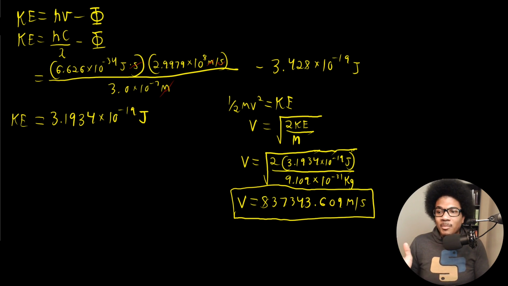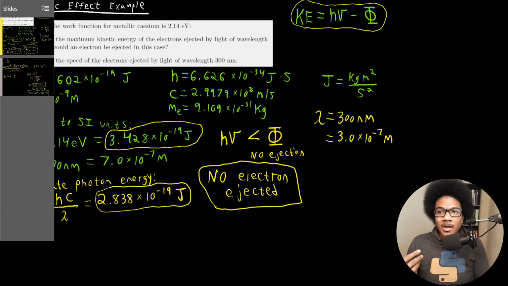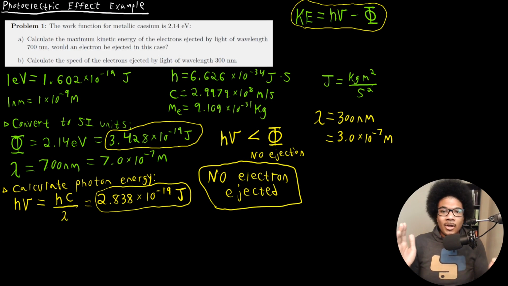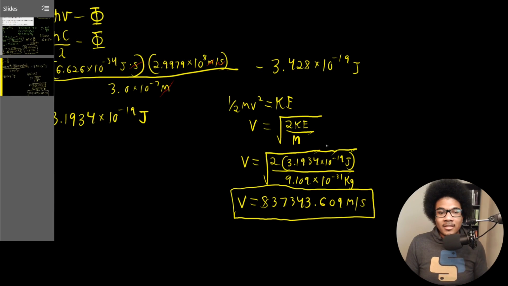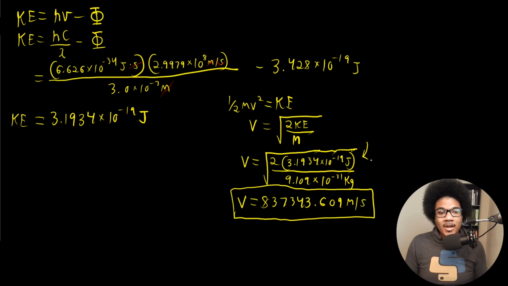Like I said, my best general tip for these types of problems is to write down all of your constants, or if you're using an Excel sheet, go ahead and plug them in and do all the conversions, putting everything in SI units, so that when you get down to an expression like this, you're not confused. You're not sitting here with a work function in eV and a mass in kilograms wondering what you should do. If you put everything in SI units, then the cancellation more or less takes care of itself.